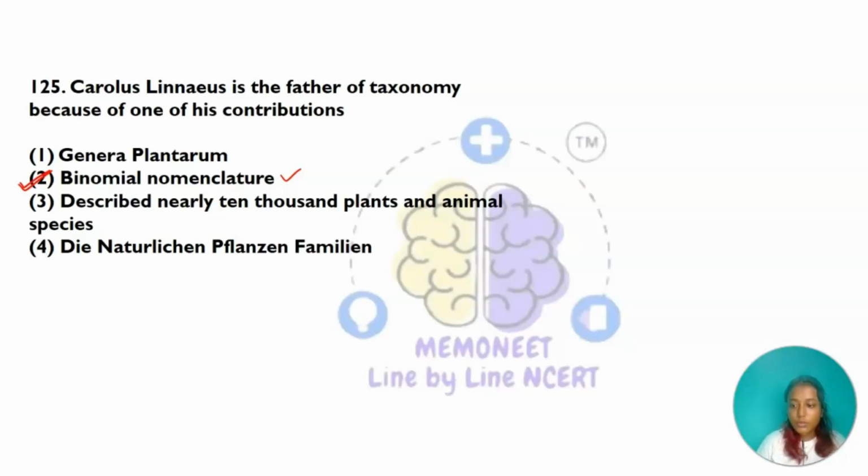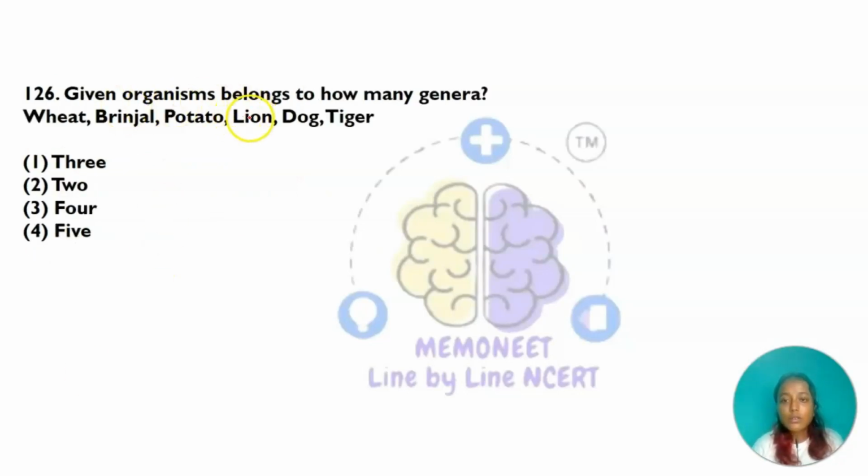Let's move on to the next one. The given organisms belong to how many genera? Wheat, brinjal, potato, lion, dog, and tiger. We can write it down here: wheat belongs to Triticum.